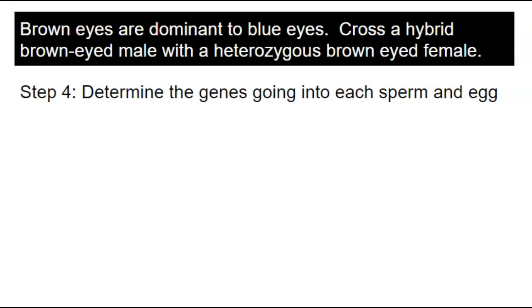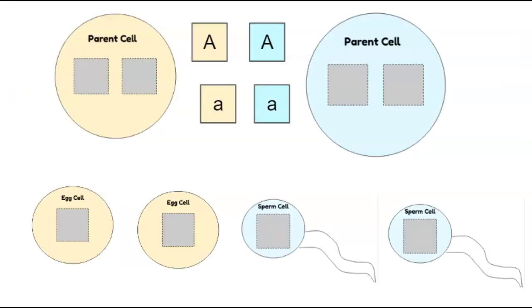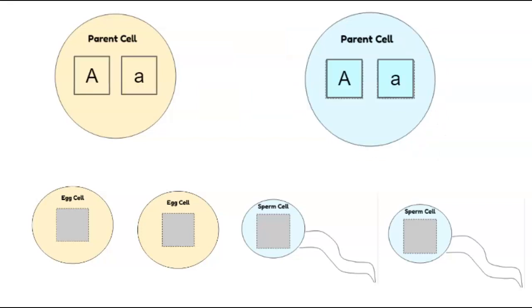I want you to take a look. Here's an activity we did in class. If our parent cell is big A little a, and our other parent cell is big A little a, we need to figure out what combinations can go in their egg cells and their sperm cells. But remember, they only give half to the egg, and they only give half to the sperm.